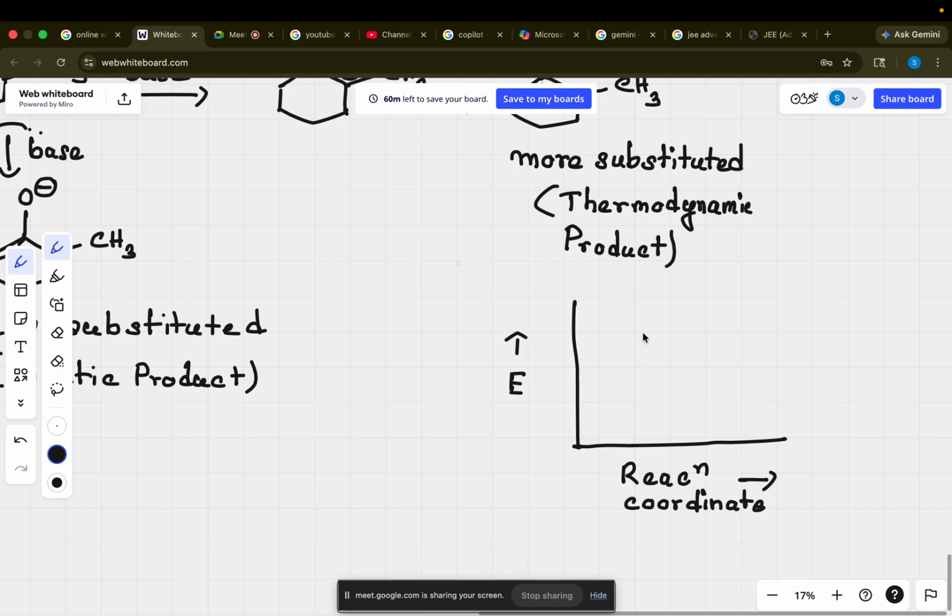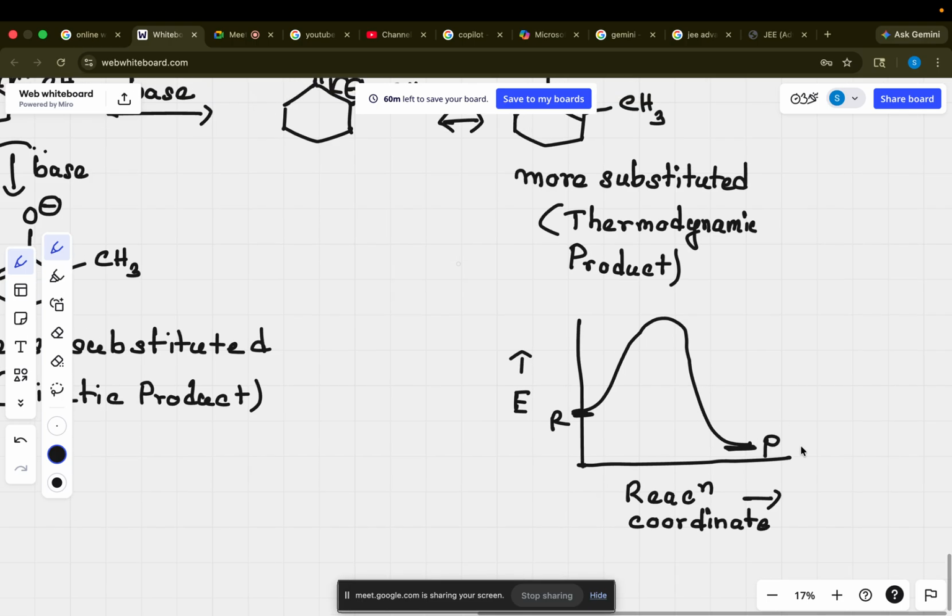If you plot this and you are getting the thermodynamic product, you will get a graph like this. Here this is your reactant and this is your product. It signifies that the product is more stable than your reactant. How to remember?